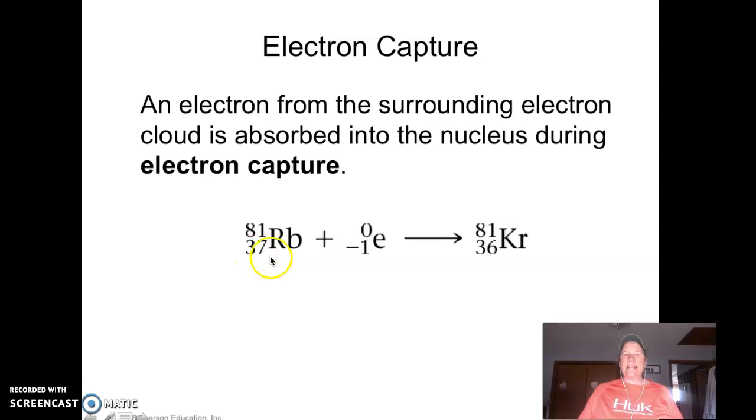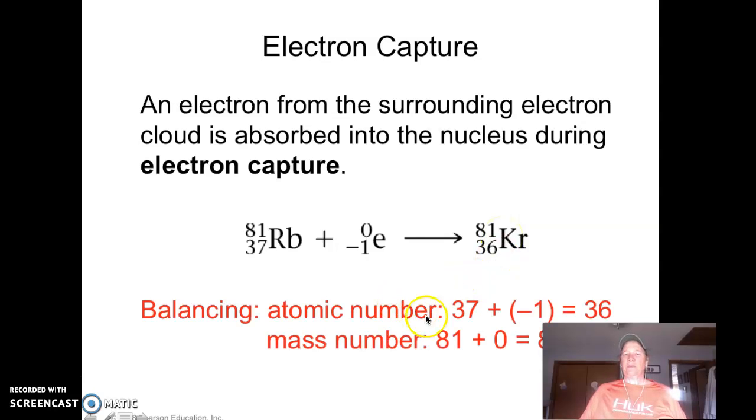But now 37 minus 1, because the nucleus is going to grab an electron, you're going to get 36. So basically you lose 1. Rubidium is 37, krypton is 36. To find what element it is, you just look it up on the periodic table. And again, just balancing out the numbers.